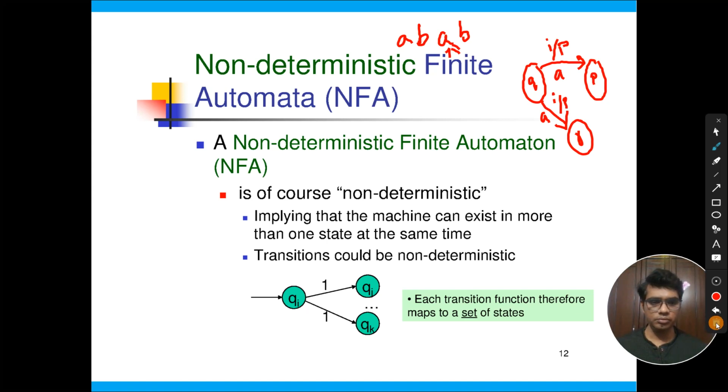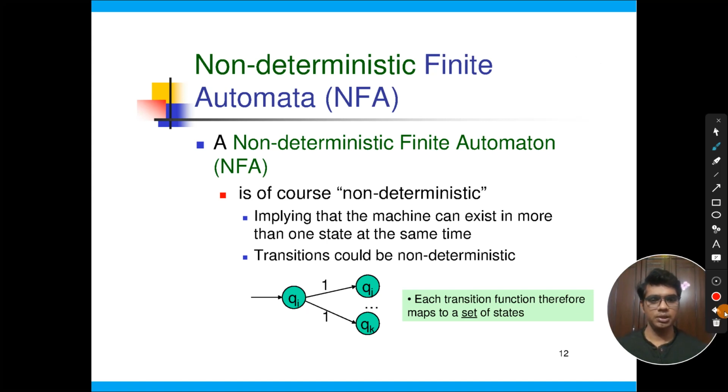In other words, we can say that it can exist in one or more states. It can exist in more than one state. Then it is called non-deterministic finite automata.